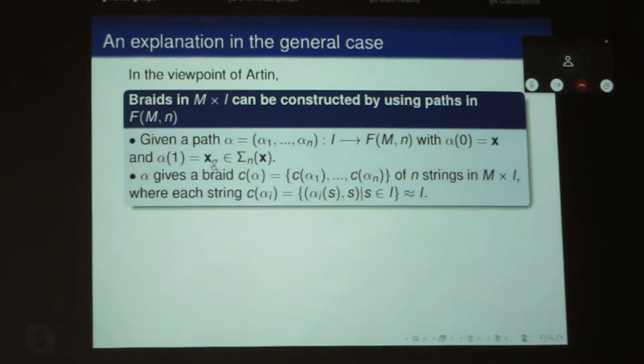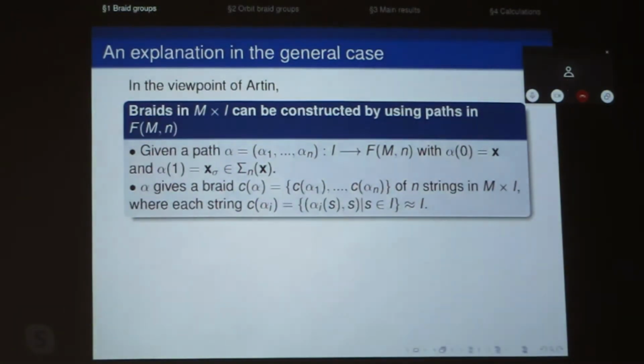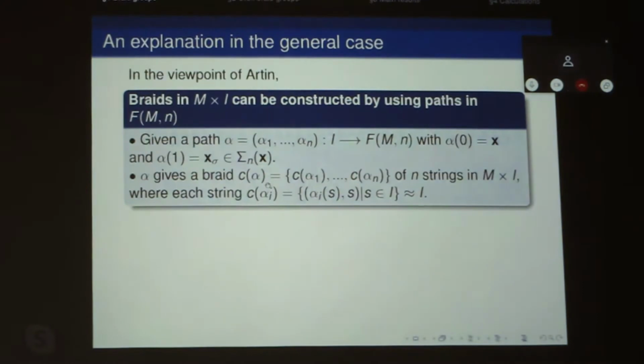The end point may have changed coordinates, and you can do a permutation on the coordinates. Then you can use this path to construct a braid this way. For each coordinate, you get a string, defined this way.